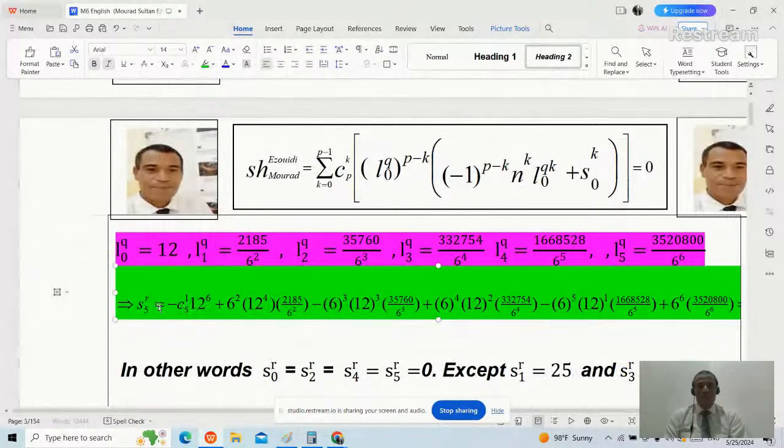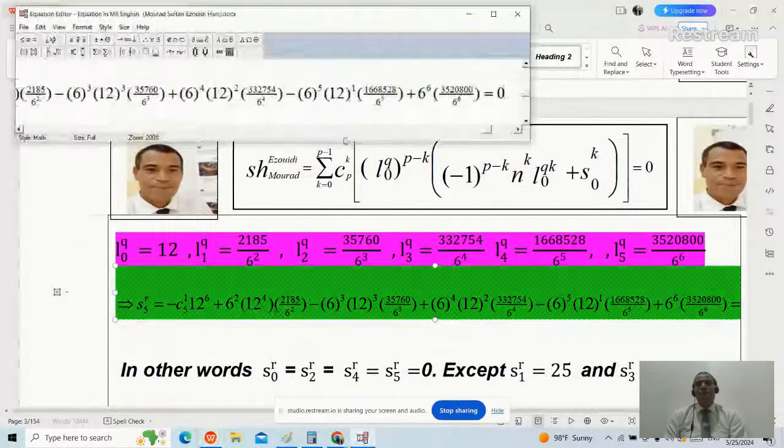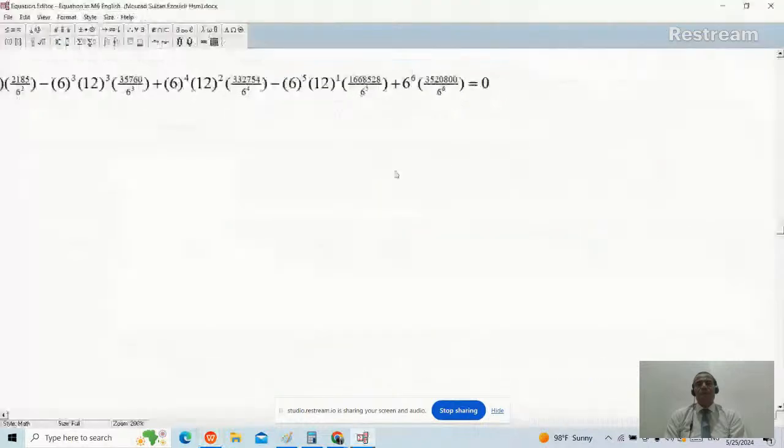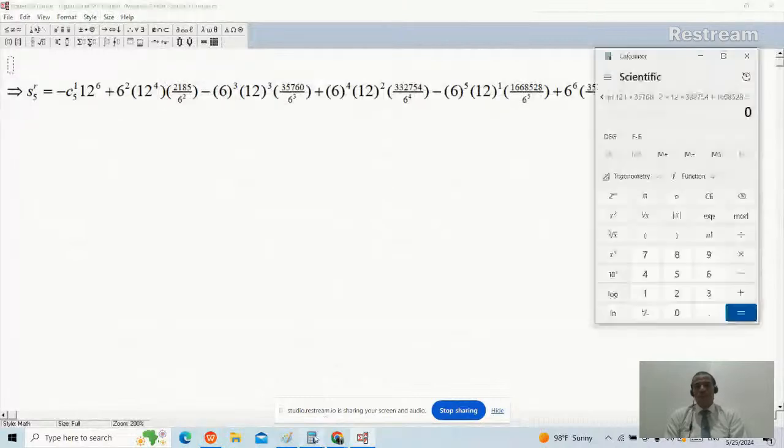I will reduce this one if it is possible, or I will open it like that. Now learners, I should use my calculator. Every one of you can use his own calculator to figure out the value of S5.